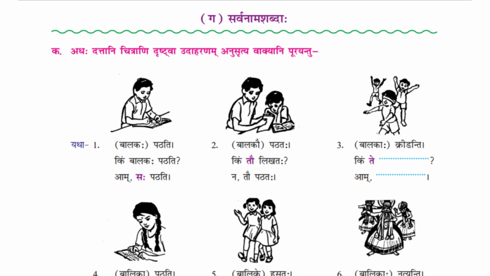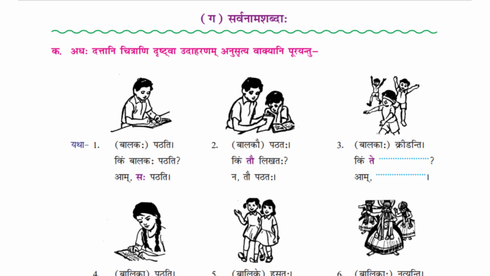Balakau padataha, kim tau likhataha, are both of them writing? Them, both of them. So both of them in Sanskrit is tau for Pullingam. Na tau padataha, both of them are reading. Balakaha kridanti, boys are playing. So kim te kridanti?